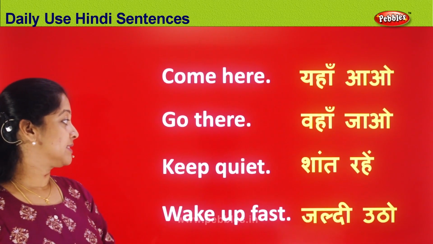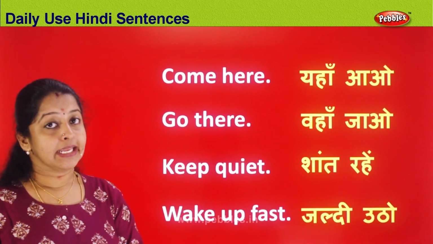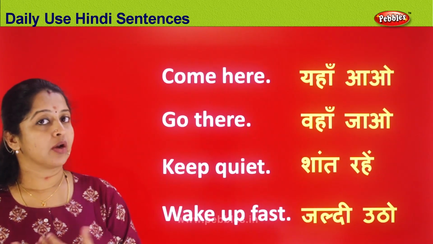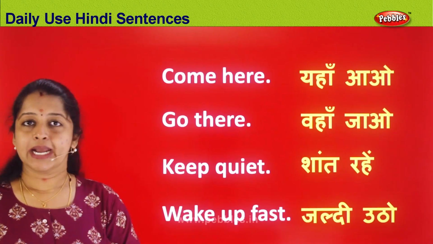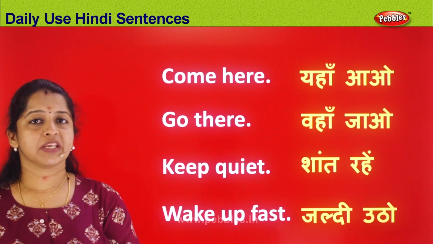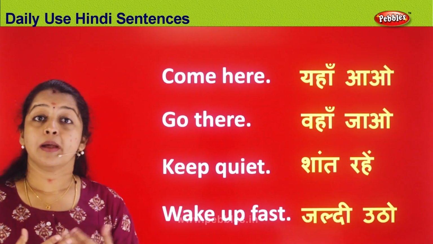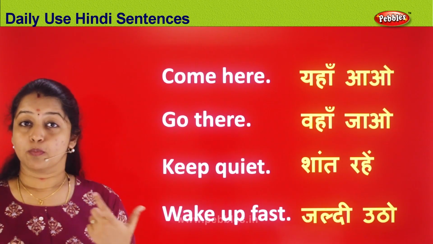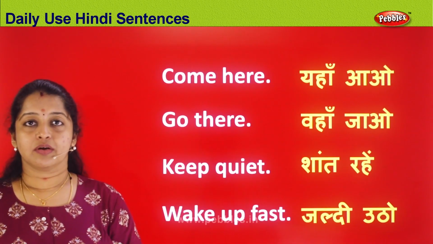Alright, next, keep quiet can be said as Shant rahe. So you can call out the person's name and say, for example, if you want to say children, keep quiet, you can say Bachcho Shant rahe. So Bachcho stands for children or kids.